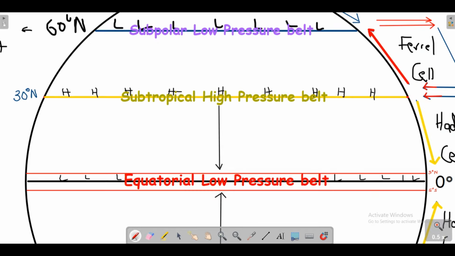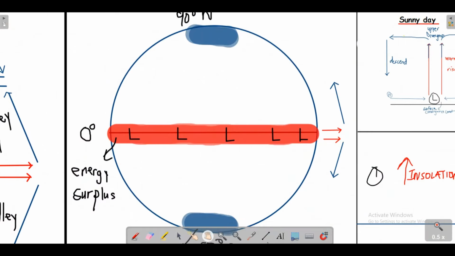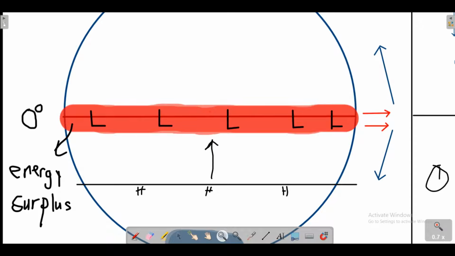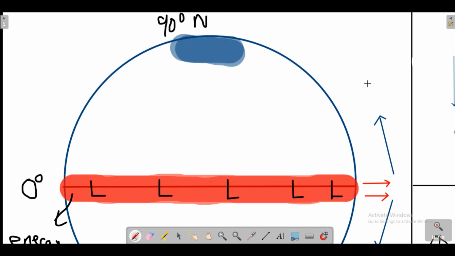We have the Coriolis force. So if I were to demonstrate over here, if this is my area of high pressure, and there was no Coriolis force, air would move in a straight line like that towards the low pressure. But because Coriolis force exists due to the rotation of the Earth, air is pushed to its left in the southern hemisphere and pushed to its right in the northern hemisphere.